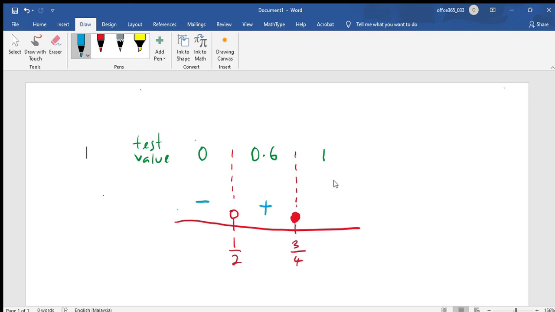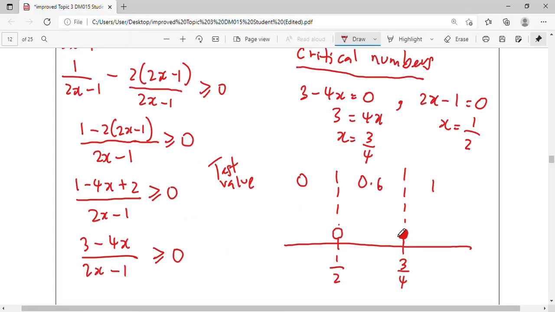After you do that, the left region is negative, the middle region is positive, and the right region is negative. Done. Now we need to shade the related region.